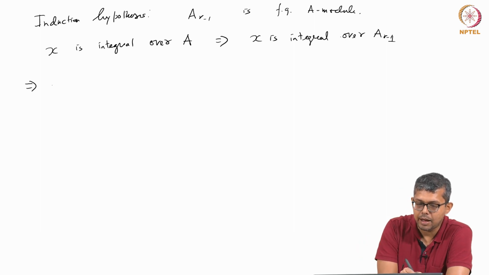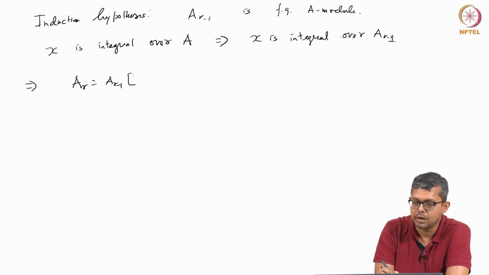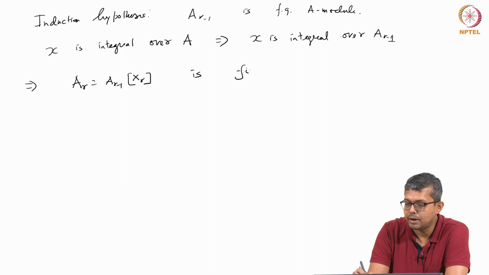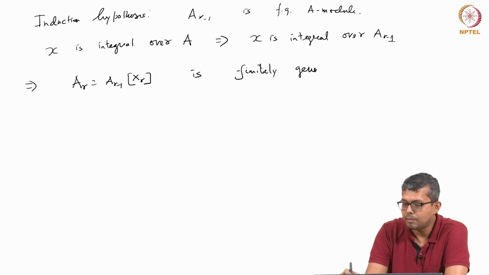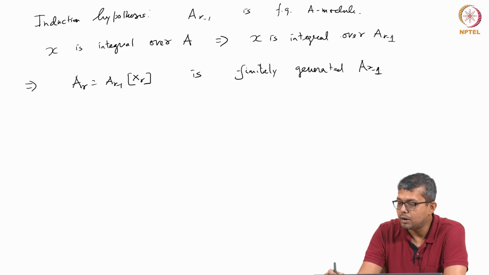So this implies A_r, which is nothing but A_{r-1}[x_r], by the previous proposition is a finitely generated A_{r-1} module.